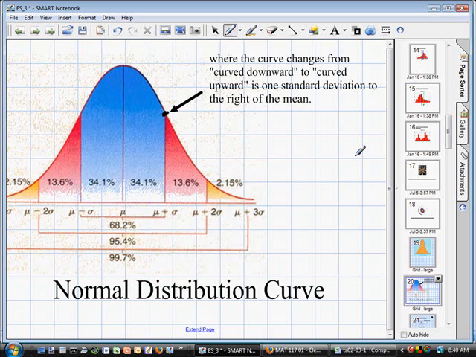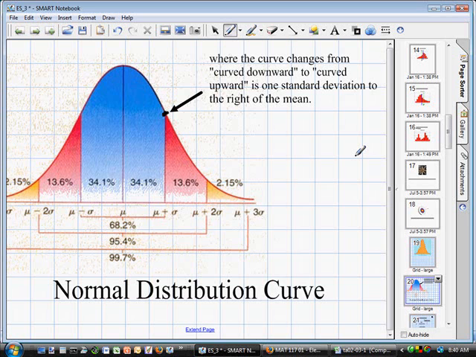Okay, now remember I promised I'd tell you what a standard deviation is. I'll try to relate to you what one standard deviation really is. Okay, here's a normal distribution curve, that curve I was just talking about, nice and smooth. There's a point right here that has special meaning. You'll notice it's right on this division between the blue and the red section. What's going on here is, up here, you can see that the curve is opening downward.